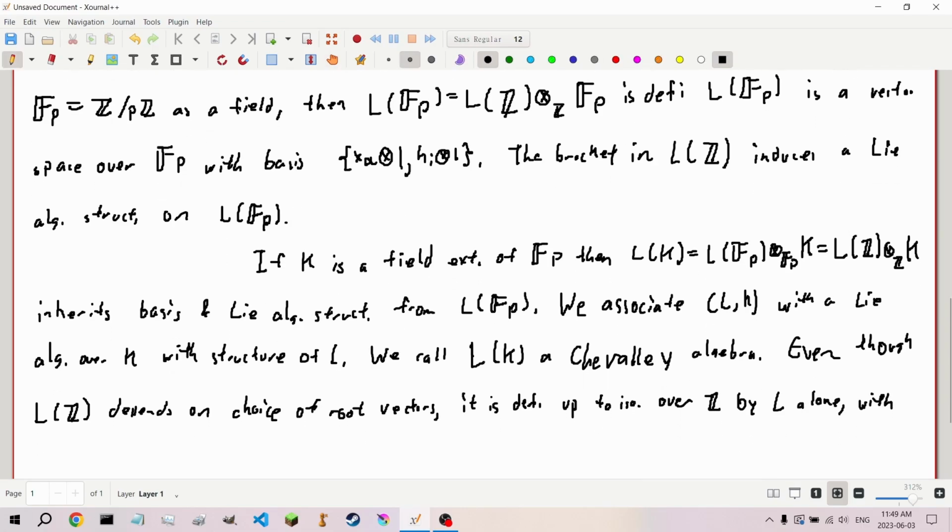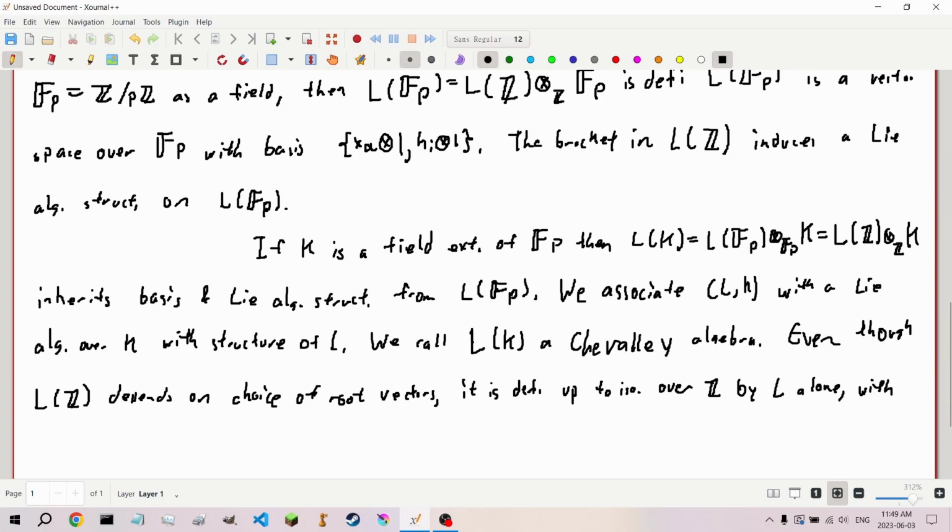Similarly, LK depends only on the pair of our algebra and the finite field we're extending it to.